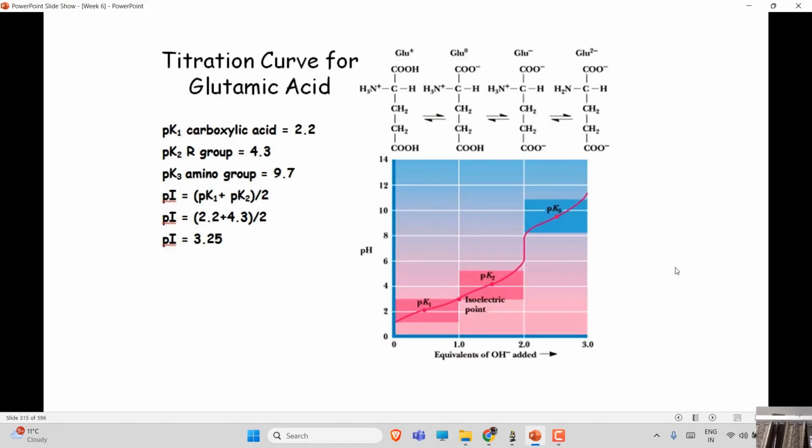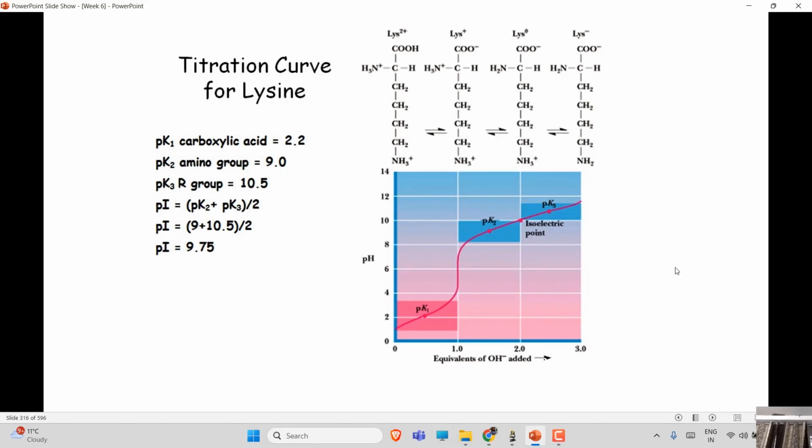This is the titration curve for glutamic acid. pKa1 is 2.2, the pKa2 R group is 4.3, and pKa3 amino group is 9.7. So the pI will be pKa1 plus pKa2 by 2, which is 3.25.